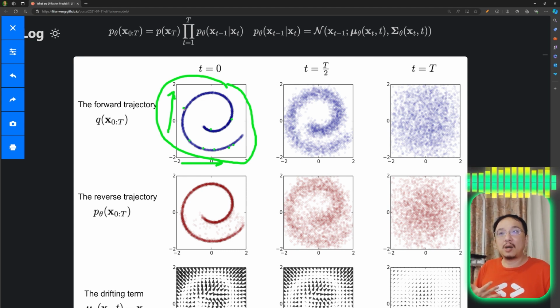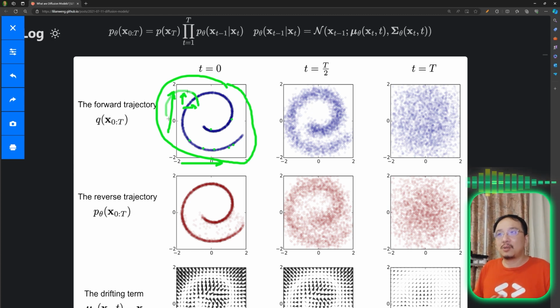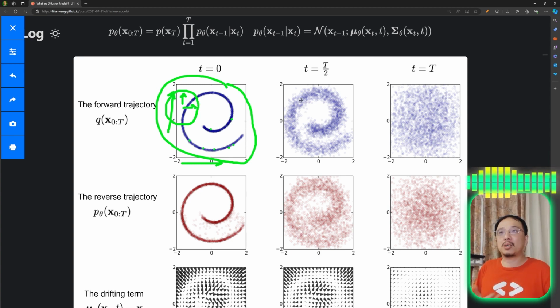So when adding Gaussian noise, we are adding 2 independent 1-dimensional Gaussian random variables here. But they have the same distribution and they are independent. We add the Gaussian to each of the dimensions. So it becomes spherical 2-dimensional Gaussian noise. Basically, when we add the noise, each point is going to move around for a small step. And after a lot of steps, it will add some noise at each dimension.